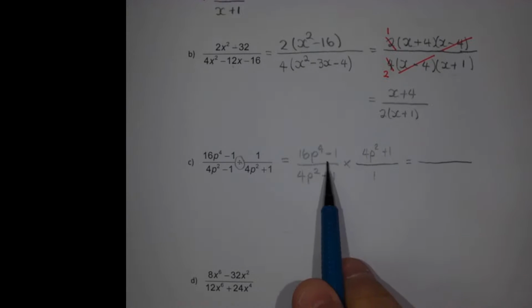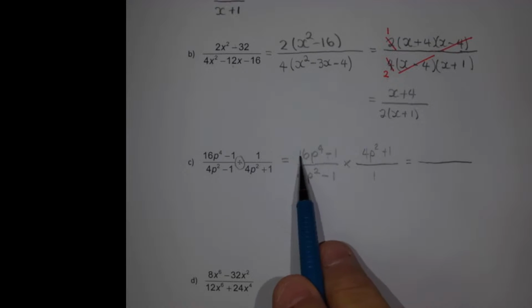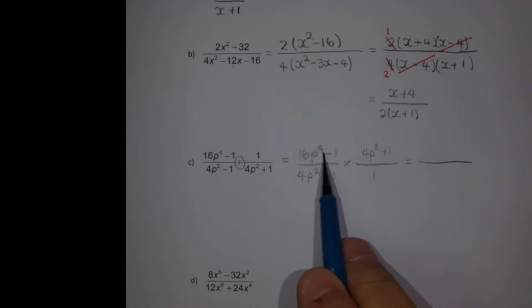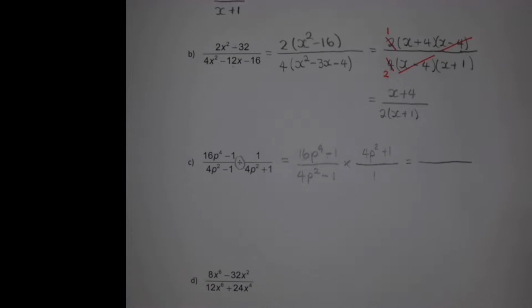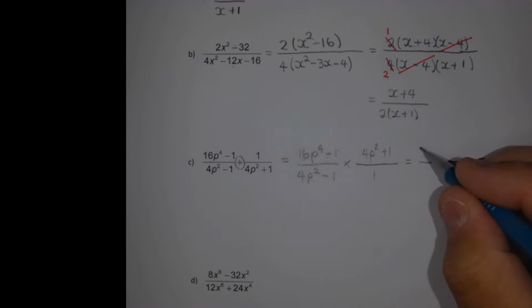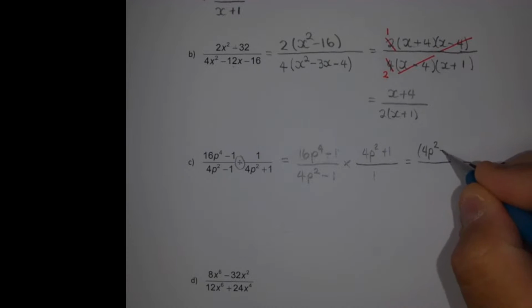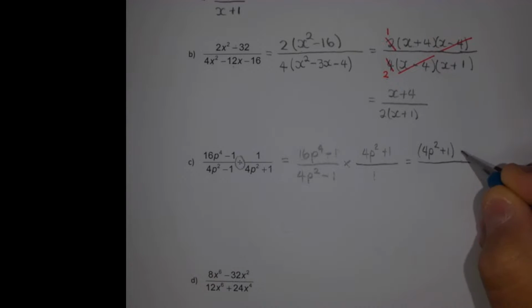Let me check: 16 is a perfect square, p has an even exponent, and then minus 1, which is a perfect square. So I could factorize that into 4p squared plus 1 times 4p squared minus 1.